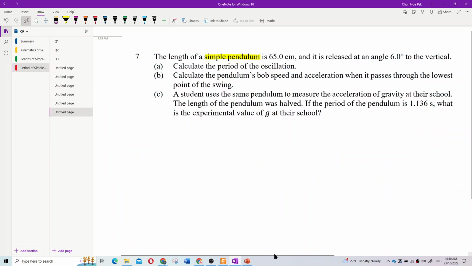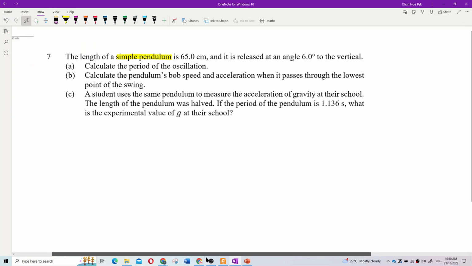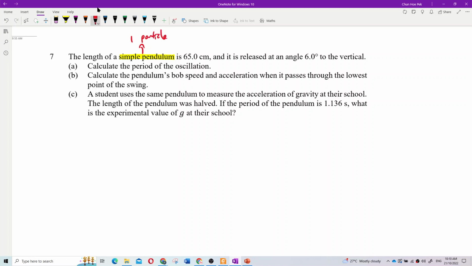Okay, back to this question. So now the length of a simple pendulum. So I just want to write this is about one particle oscillation SHM, and then he give you the length L. But unit, be careful with the unit.